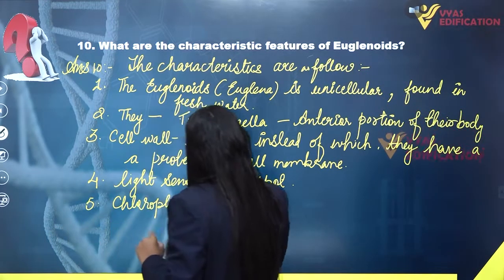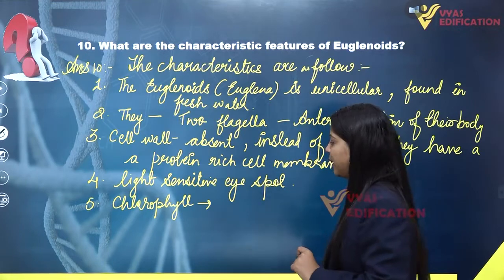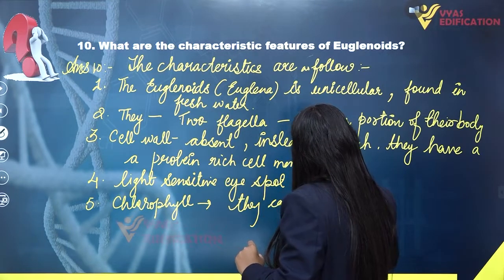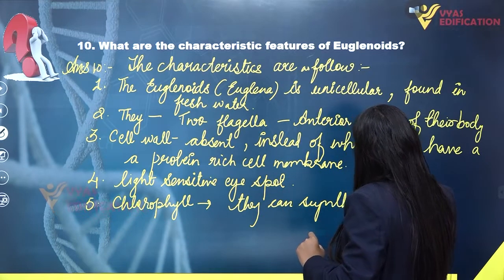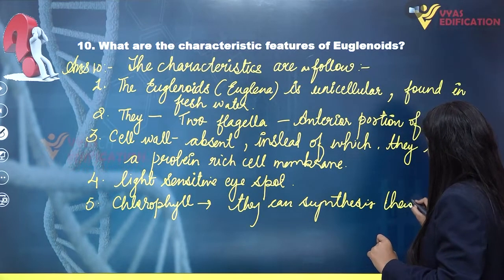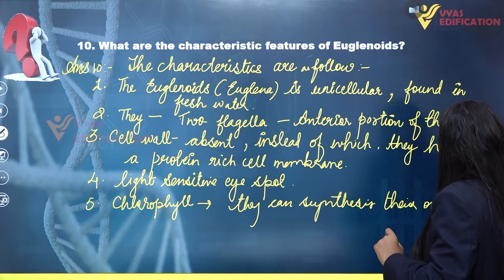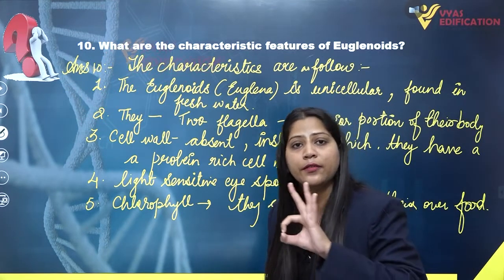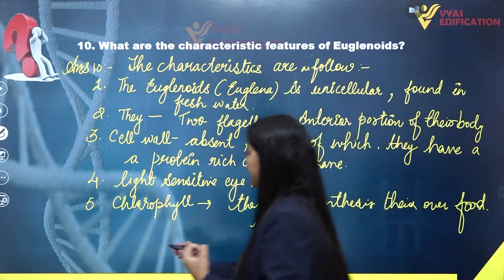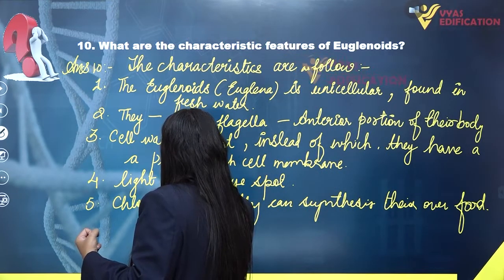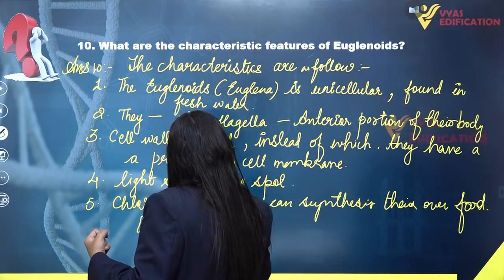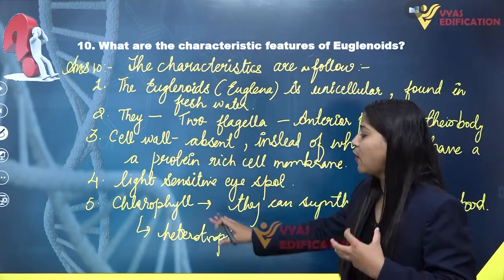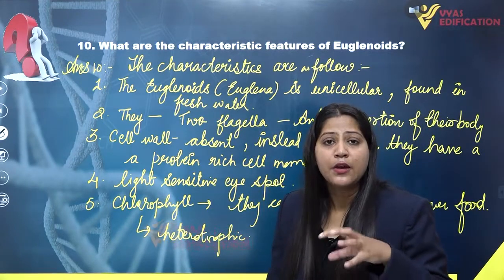Because of the presence of chlorophyll, they can synthesize their own food, and in the absence of light they can switch to another mode of nutrition, that is heterotrophic nutrition.